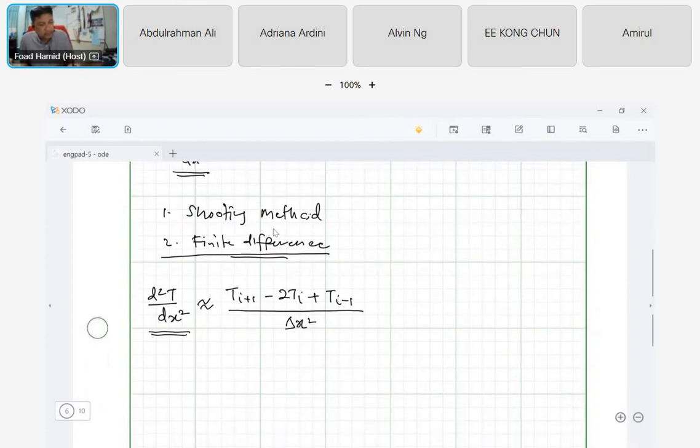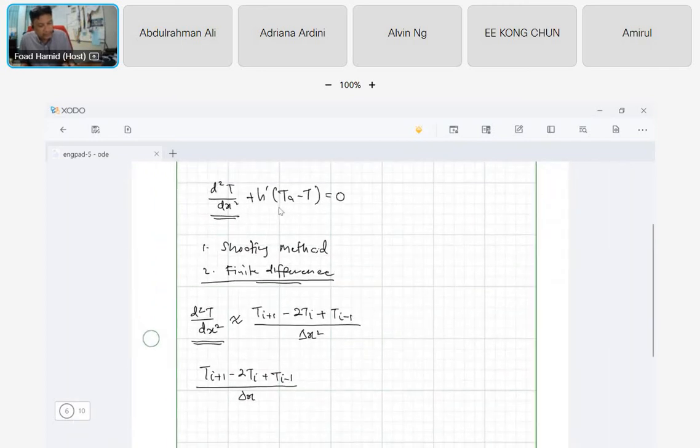So now this becomes T i plus 1 minus 2 T i plus T i minus 1 over delta x squared, plus h prime times T a minus T equals 0. I think I made a mistake here.